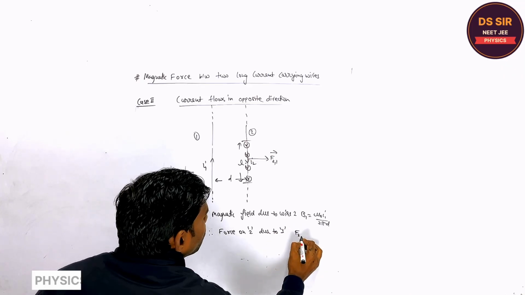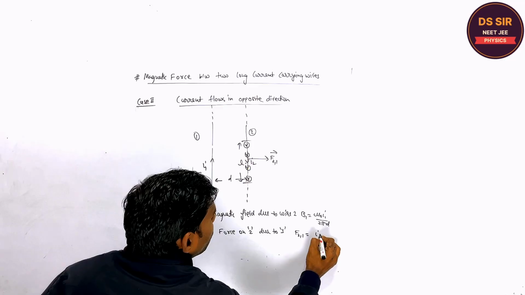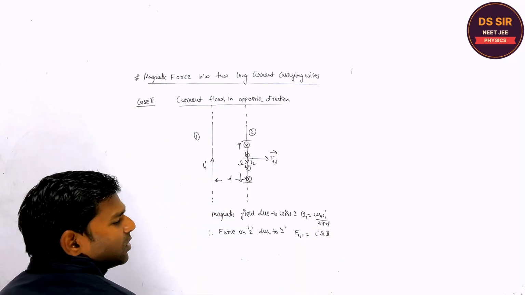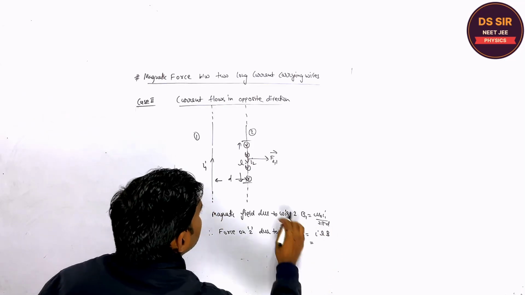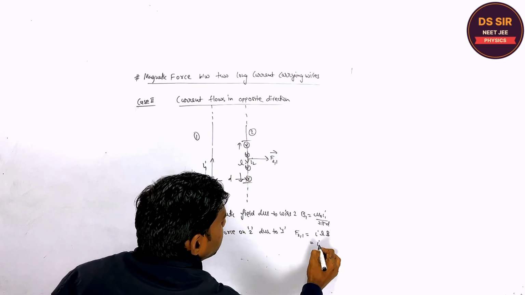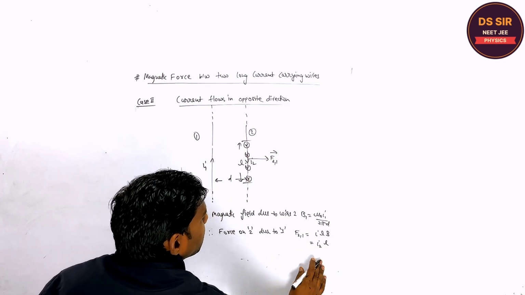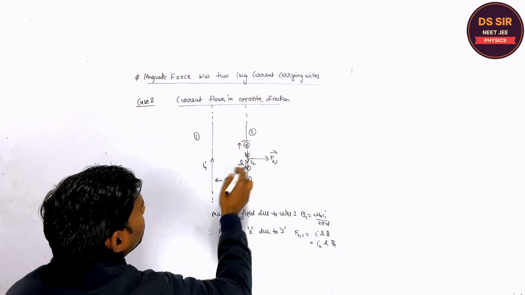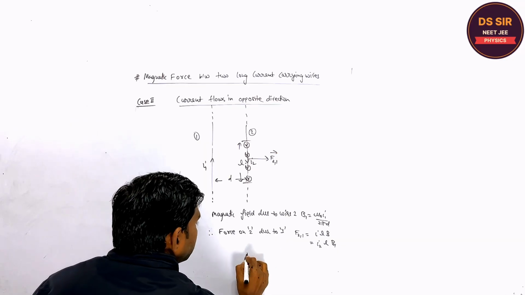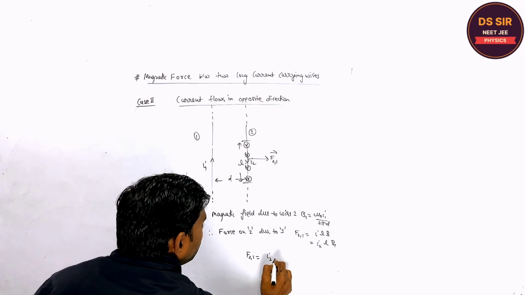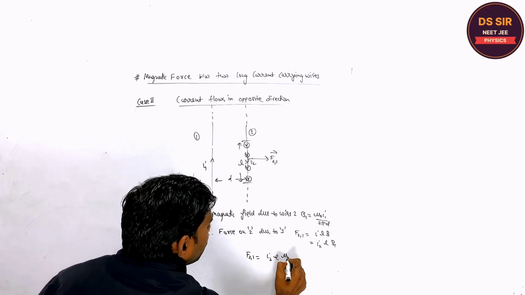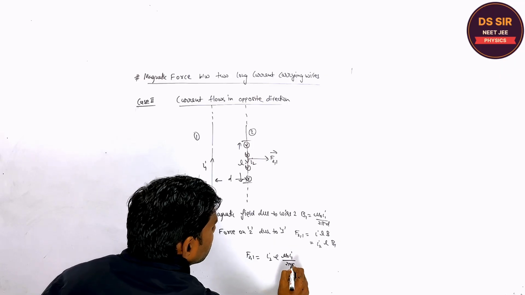Force on 2 due to 1 is equal to ILB. What is I? Whose current? It is I2, it is L, and B1 is produced by 1. So F2,1 is equal to I2 L times B1, and B1 is mu naught I1 upon 2 pi d.